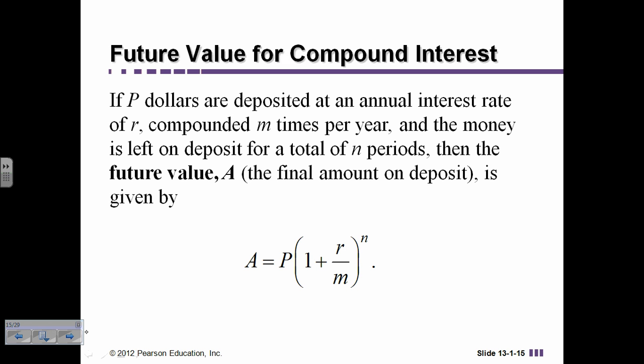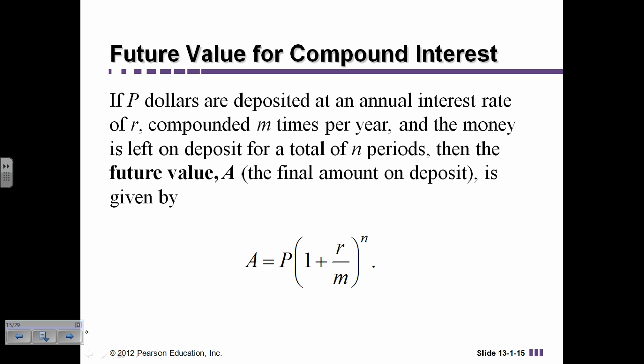All right, so let's look at our formula for this. A is the future value again. P is the principal, the amount of money that you're borrowing. M is the number of times it's compounded per year. R is the interest rate. And N is the total number of periods of time that we're talking about compounding.